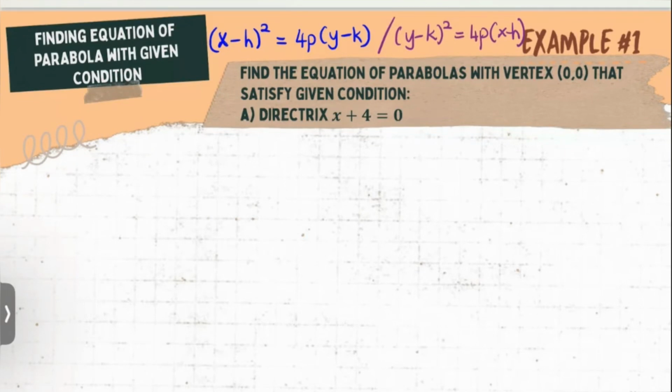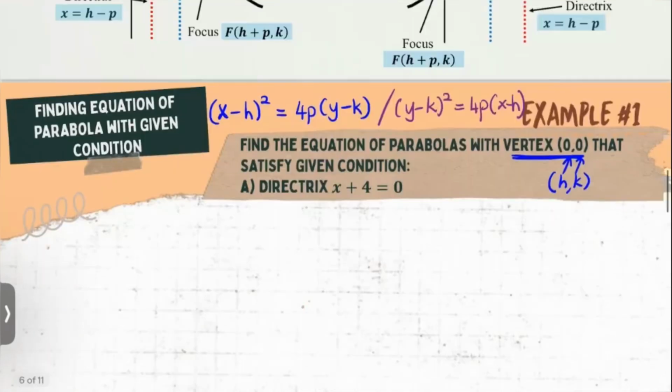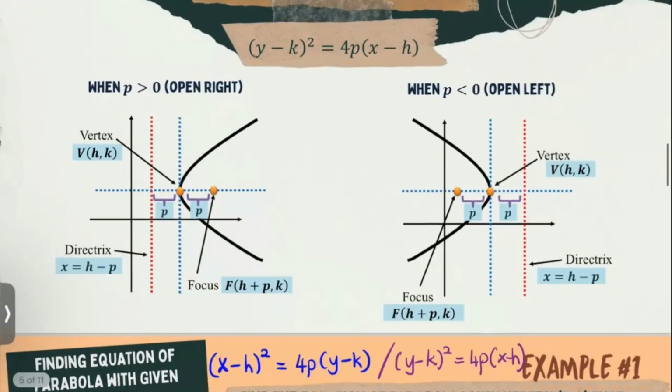Okay, so let's look at our questions. Dia mention dekat sini, vertex kita dekat 0, 0. So vertex adalah hk. Okay, so if we look back kat sini kita tengok contoh yang ini jap. So vertex kita, coordinates dia adalah HK.